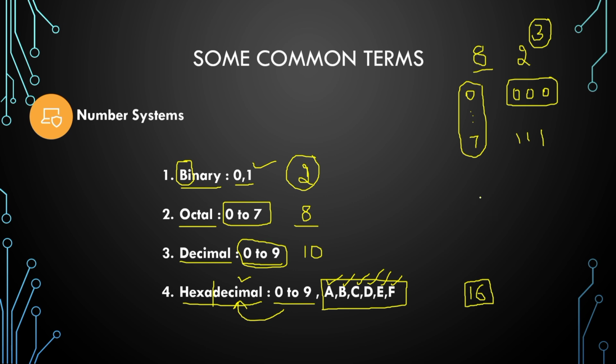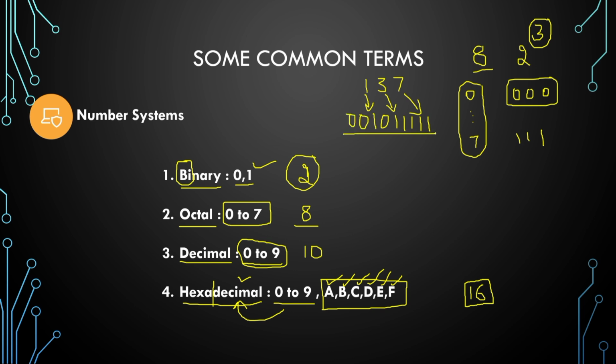So whenever we are converting an octal number to a binary number, if we have 137, to convert this to binary, we take 7 and represent it in binary, take 3 and represent it in terms of 3 digits, that is 011, and then we have 1, which can be represented as 001.